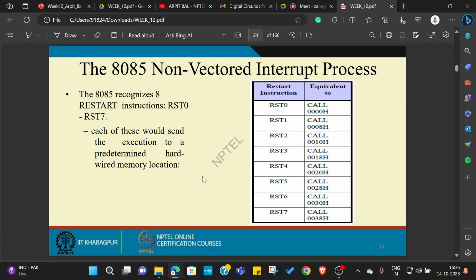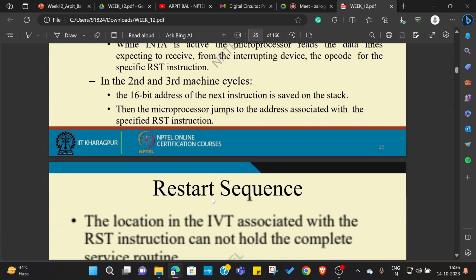You should be able to do that because, as mentioned, RST 0 represents CALL 0000H, and every other RST X is at an offset of 8 in hexadecimal. Taking this information, you should be able to figure out what that restart instruction is and what it is equivalent to.